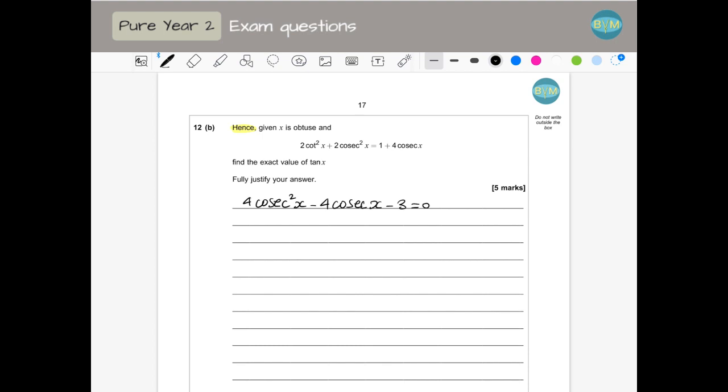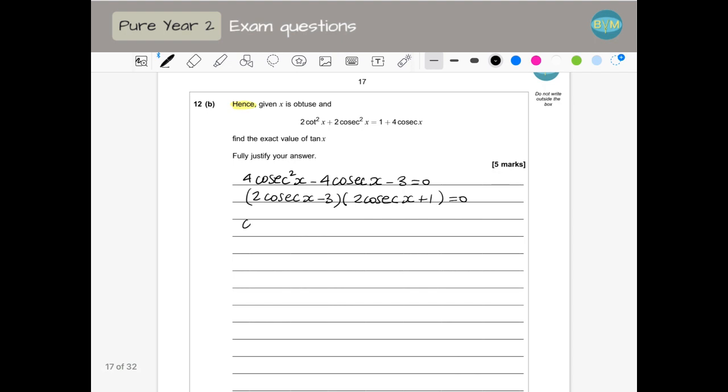This is a quadratic. If we factorize, we have 2 cosec x minus 3 and 2 cosec x plus 1 equals 0. This potentially would give us two branches of solutions, right?